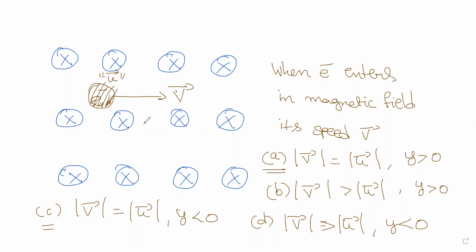Now which way will it move? You can see that by palm direction. Assume this is a positive charge, then it will move up. But this electron is a negative charge, so reverse the direction, it will move down. Moving down means negative y direction, that is y less than 0 and v equal to u.